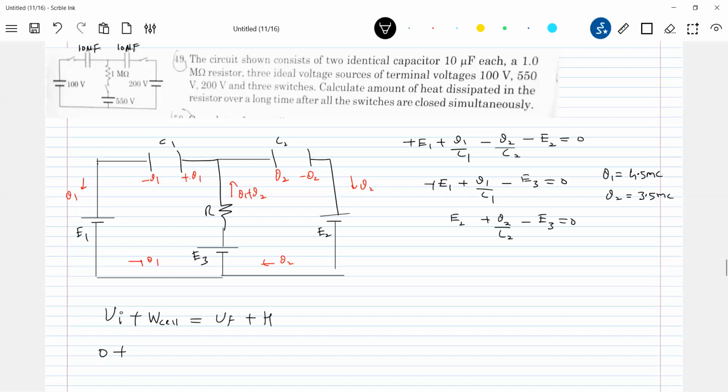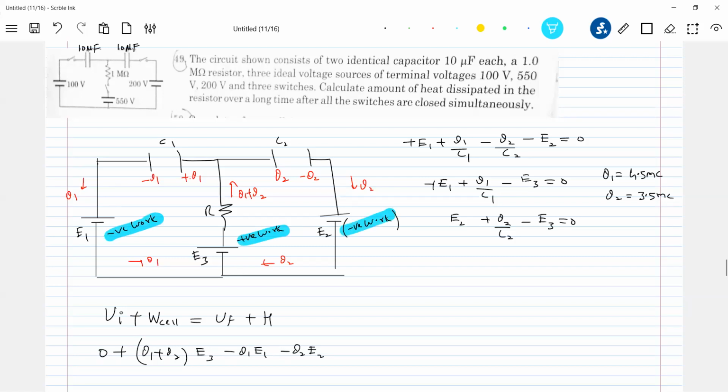Work done by the cell: Q1 plus Q2 into E3 minus Q1 into E1 minus Q2 into E2. Why negative sign for E1, E2? Positive charge enters the positive terminal, so negative work.